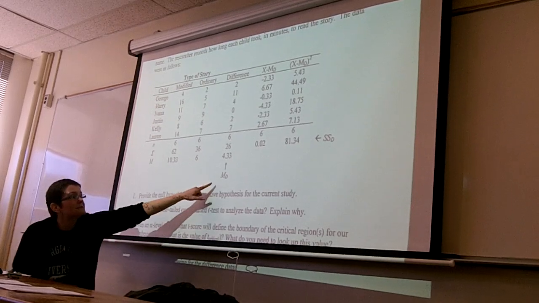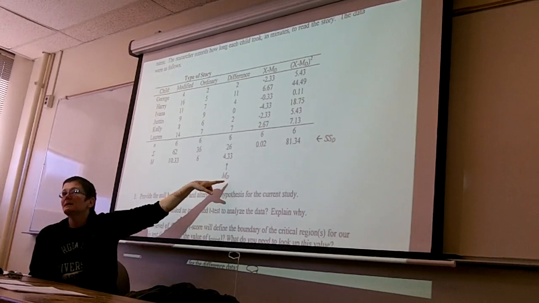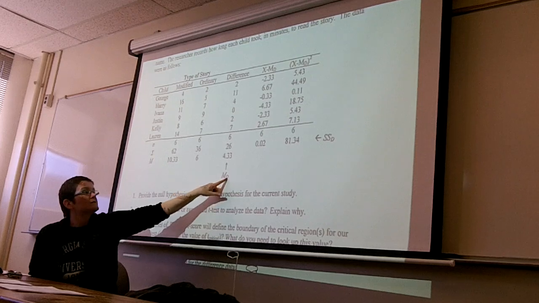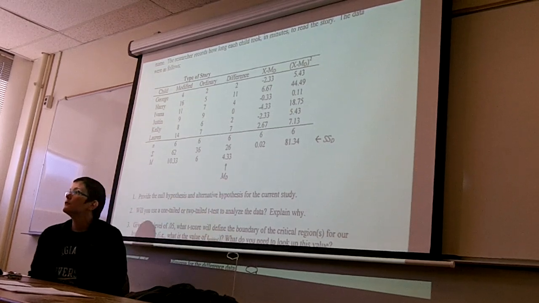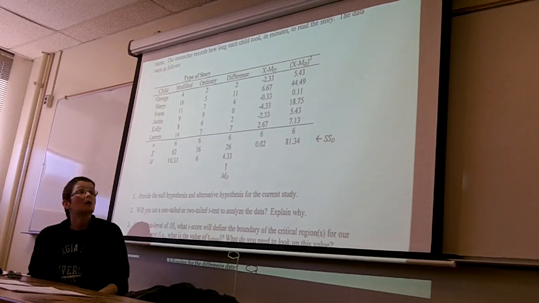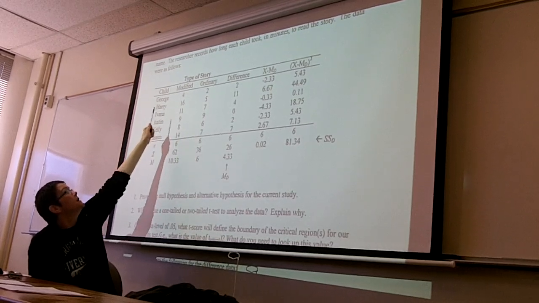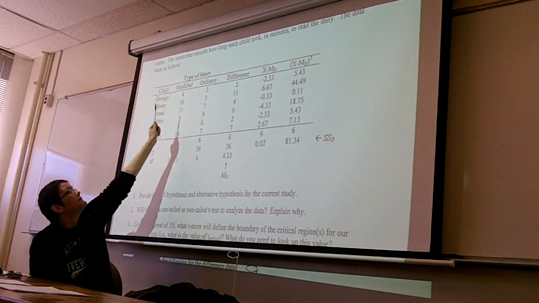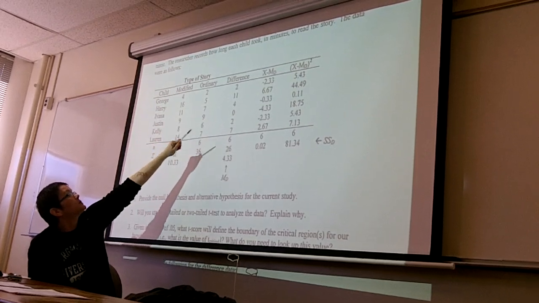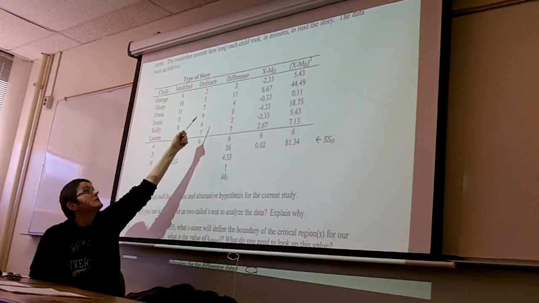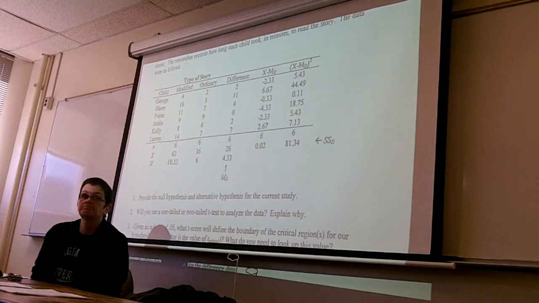That's written as the capital M for mean with the subscript big D for the difference scores. All I did was calculate the difference between the two conditions. So I did modified minus ordinary, modified minus ordinary, modified minus ordinary. That's where those difference scores came from.